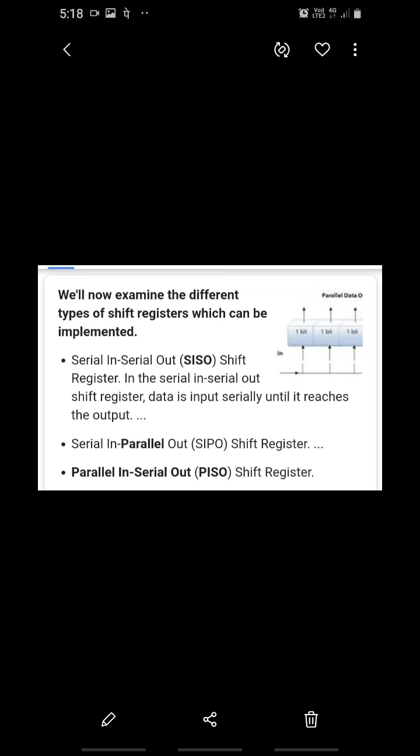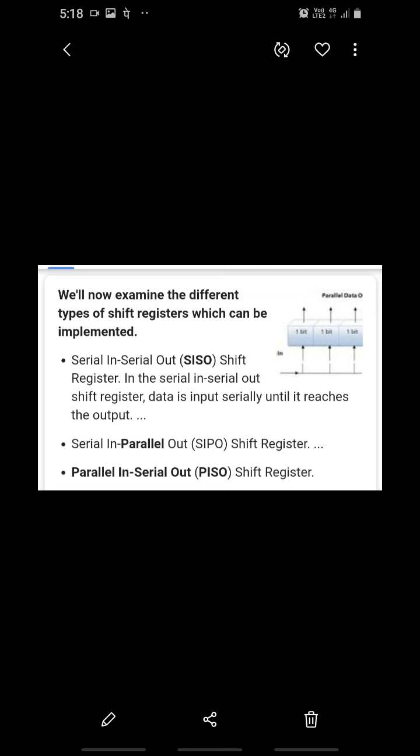If the data is shifted from right to left, then the shift register is called the shift left register.